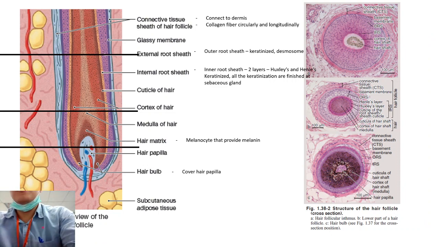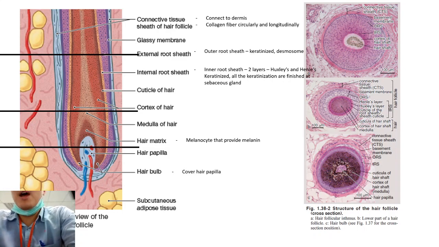So we will describe it layer by layer. On the right side are cross sections of the hair follicle at different levels of the hair apparatus. At the outermost is the connective tissue sheath of the hair follicle.